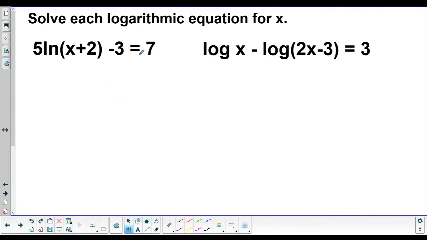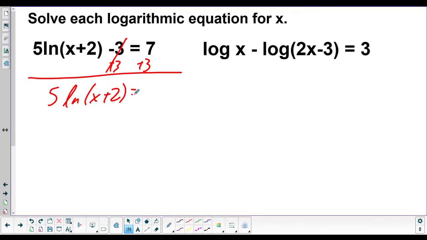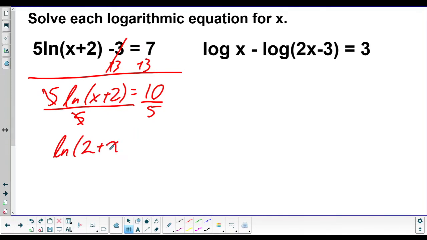We're going to isolate our log. So we're going to add 3 to both sides. These cancel. We have 5 times the natural log of x plus 2 equals 10. We're going to divide both sides by 5 to cancel the coefficient of 5. So these cancel. We have the natural log of 2 plus x.